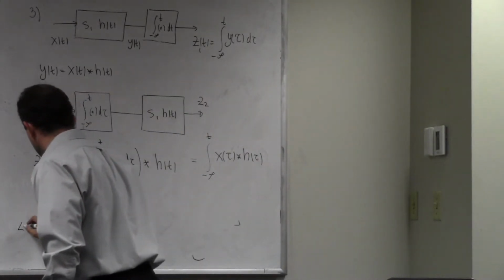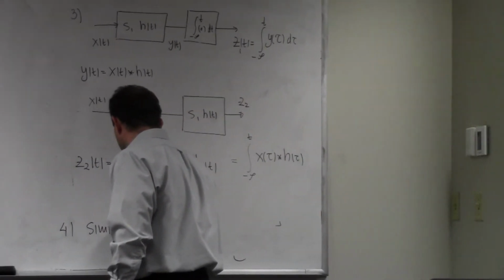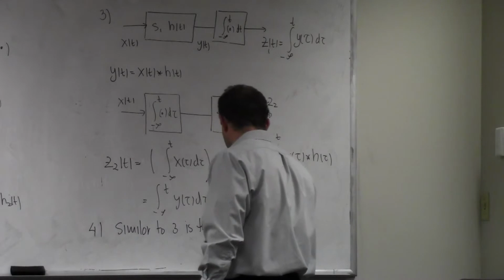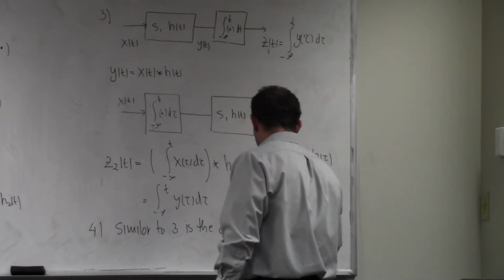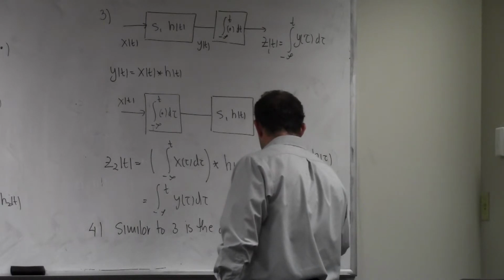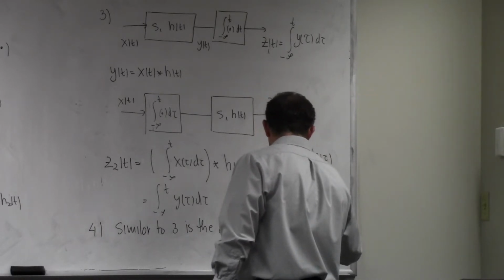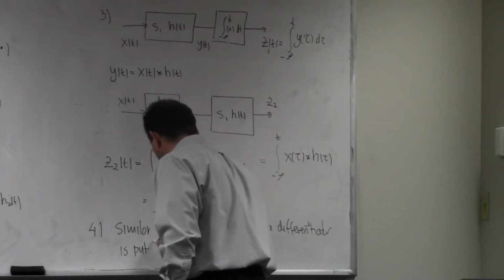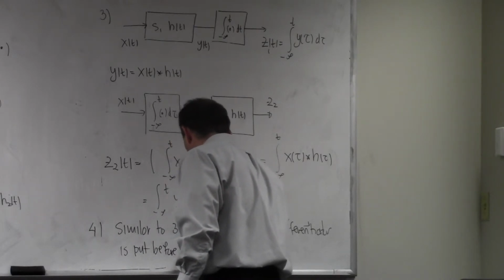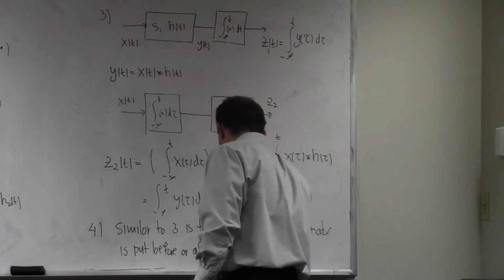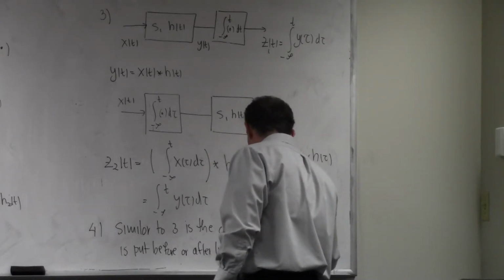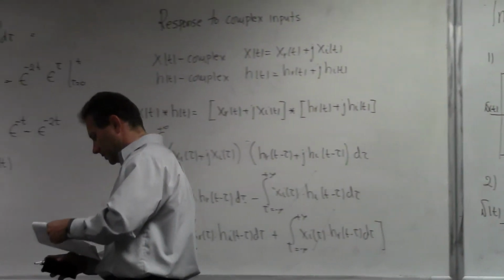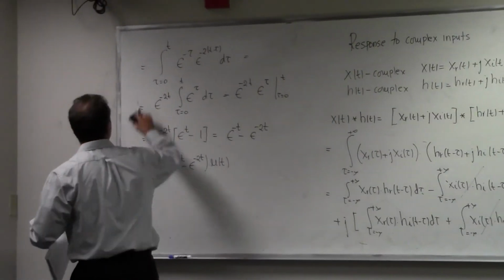Let me just put it as a note: similar to 3 is the case when a differentiator is put before or after a linear system. So let me summarize this here.